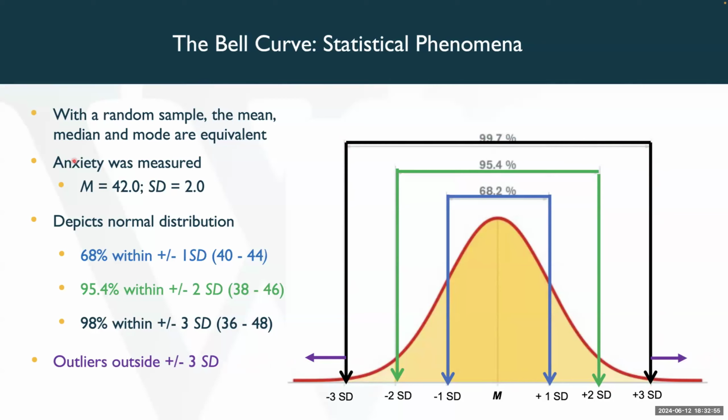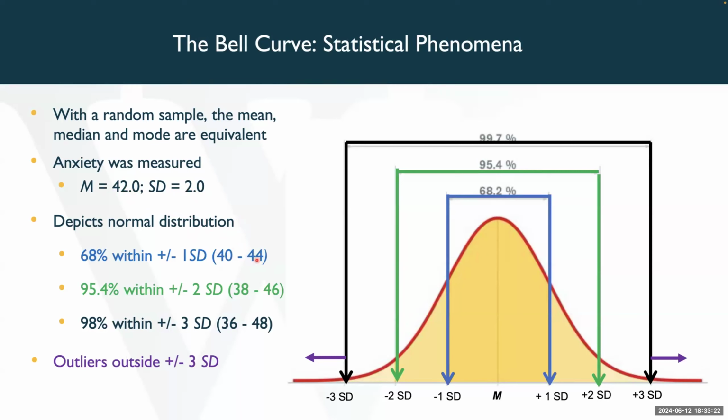So for example, if anxiety was measured and we randomly sampled people, the average anxiety score was 42, but the standard deviation, remember, is kind of like a plus or minus 2 points. So with 1 standard deviation, it would be 40 to 44, because 42 minus 2 would be 40, and 42 plus 2 would be 44.